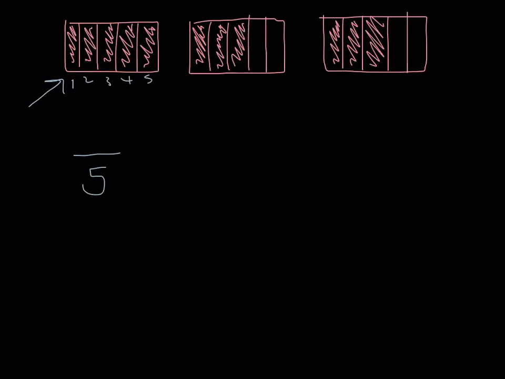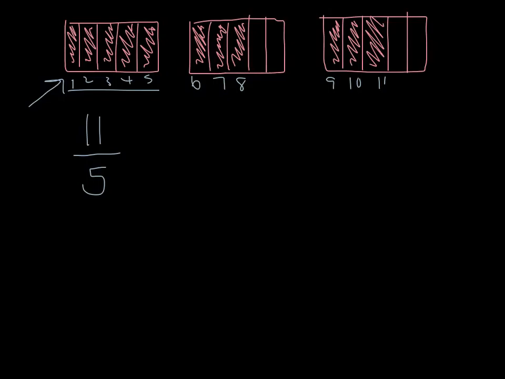So for an improper, I know that now I just need to count how many pieces have been shaded. Well, 5 are shaded here, 6, 7, 8, 9, 10, 11. So my improper fraction is that I have 11 pieces that are cut into fifths, so 11 fifths.